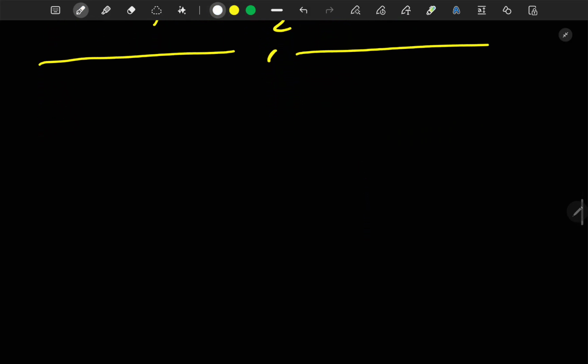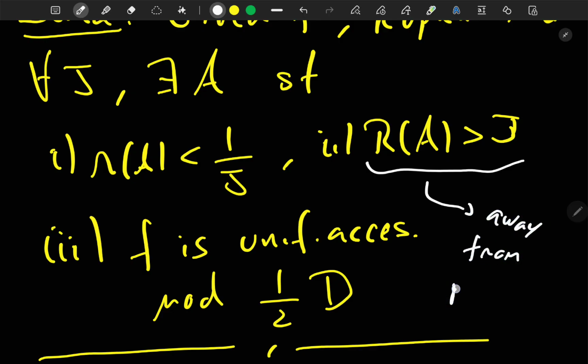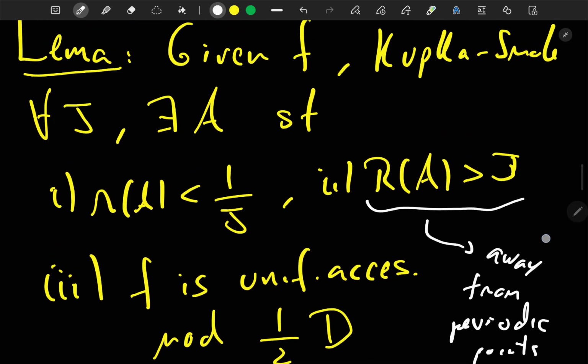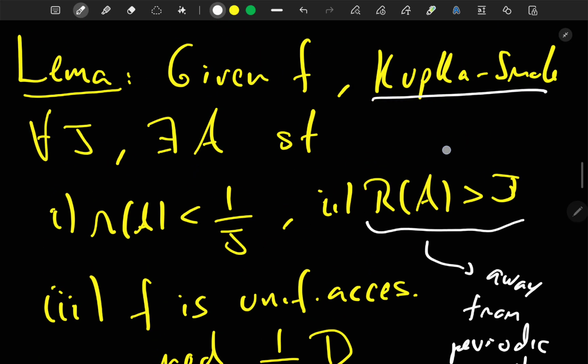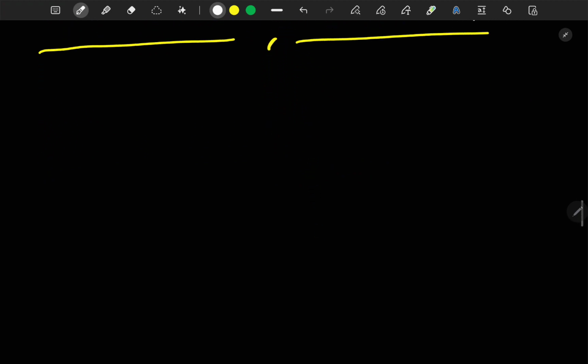So the main idea is that first we obtain this recurrence away from periodic points, and this is why this hypothesis is needed. Okay, so how do we do it?